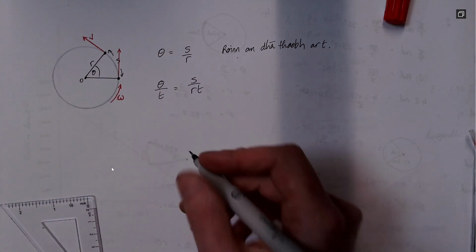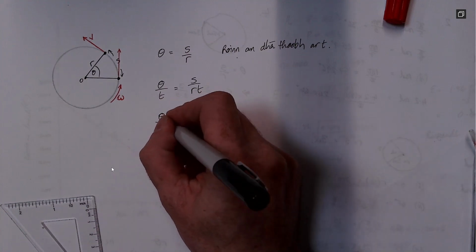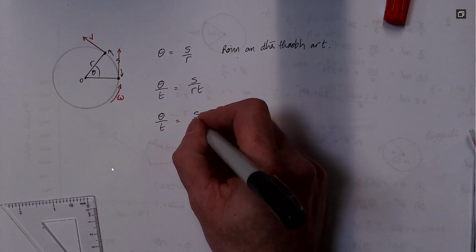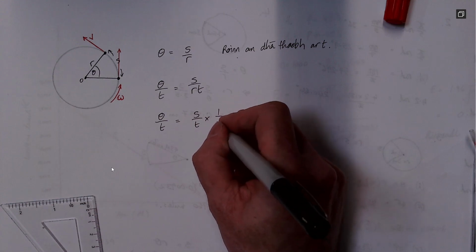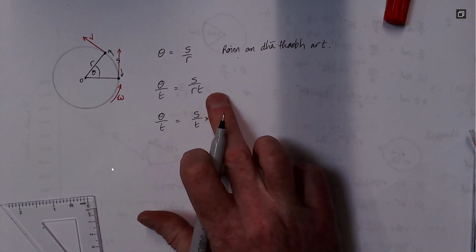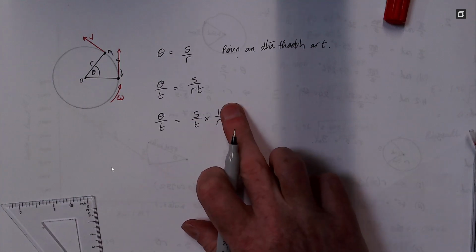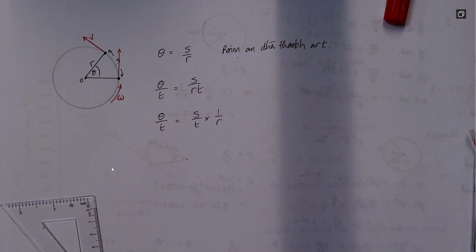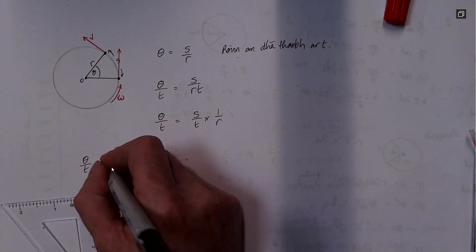Now for the linear formula, we split it into two parts. Theta over T equals S over R T, so we can split it into two separate fractions: S over T, and 1 over R. S over T is the displacement over time.